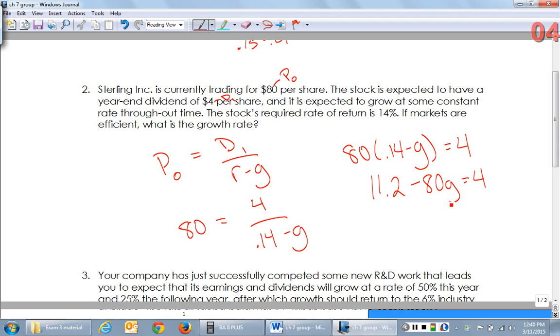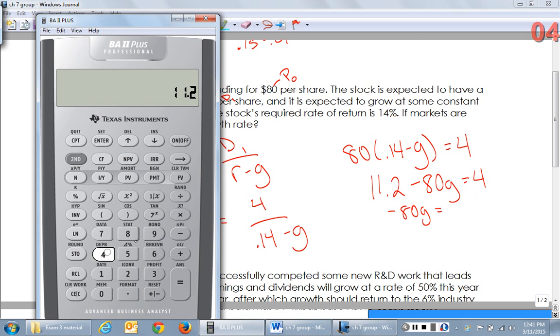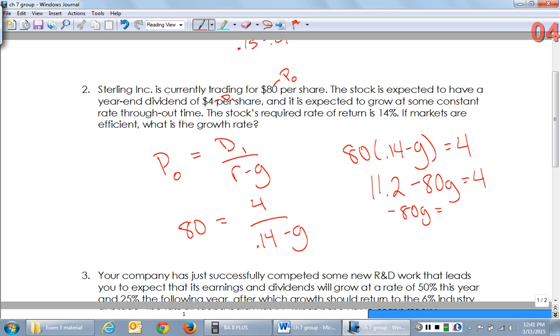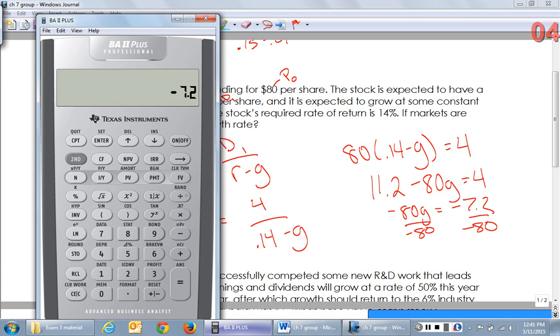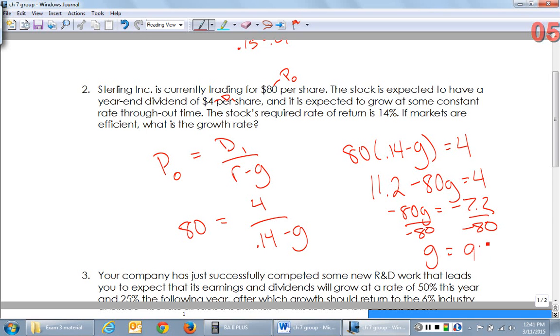So we subtract 11.2 from both sides, and we get negative 7.2. Now we divide both sides by negative 80 to get G. Negative divided by negative 80 is 9%. So the growth rate is 9%.